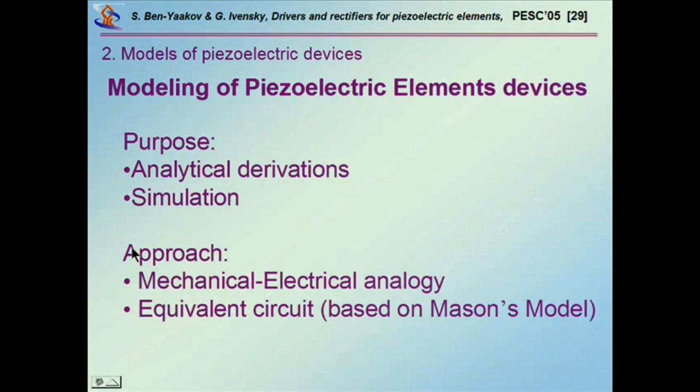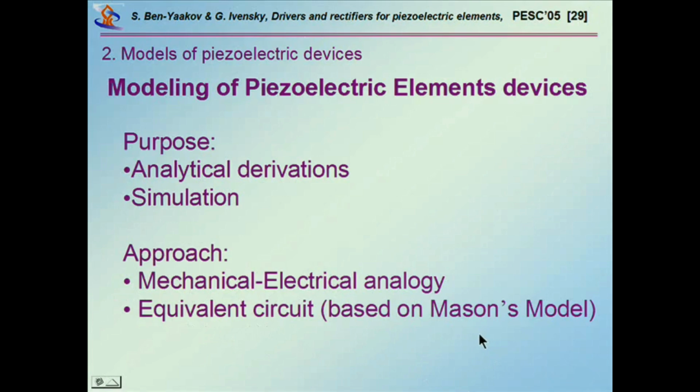Now, the approach that has been used for many, many years, it's nothing new, is to use an analogy between mechanical and electrical properties or parameters, and then to apply an electrical equivalent circuit. Basically, it's called the Mason model.